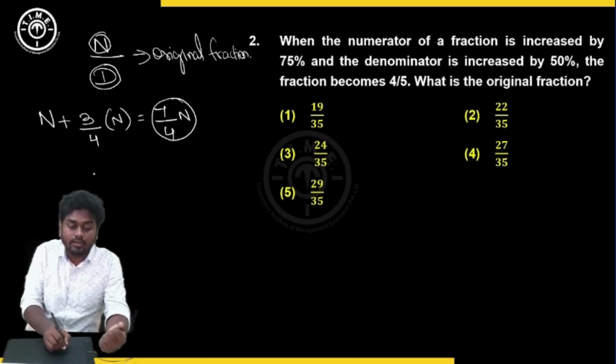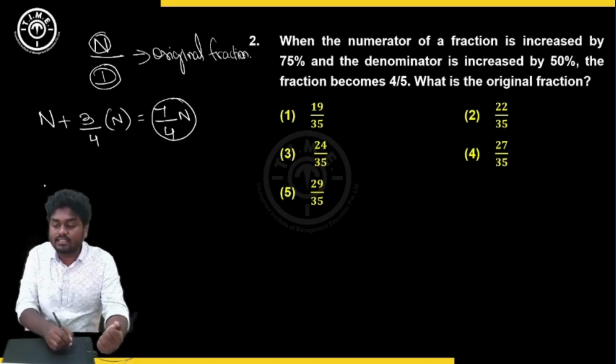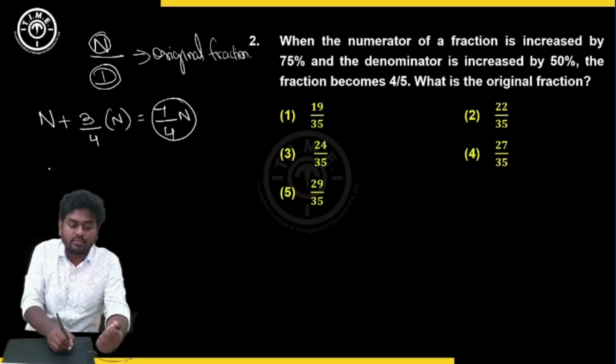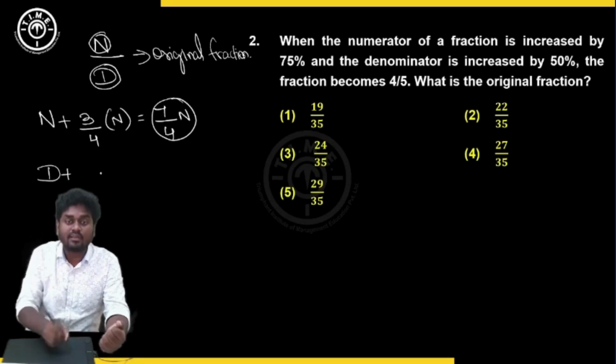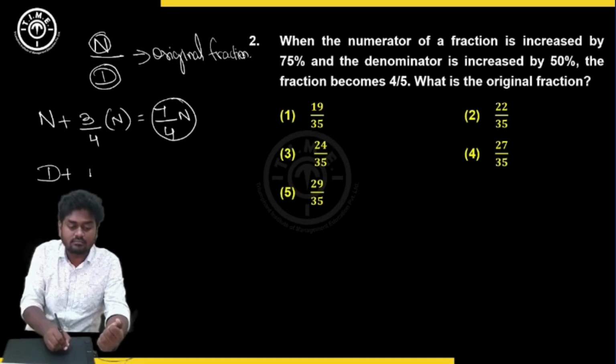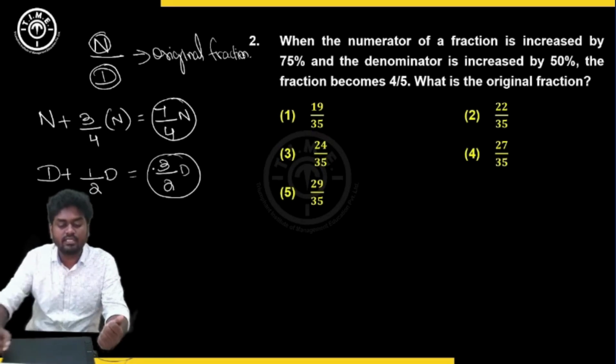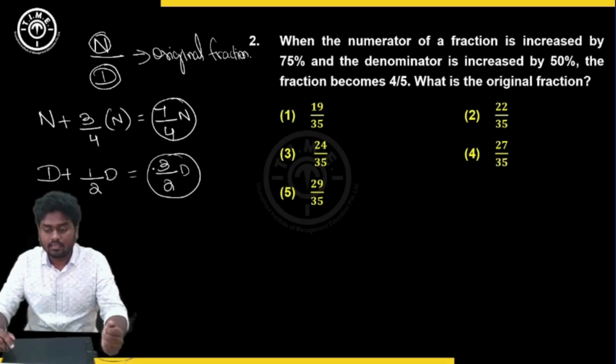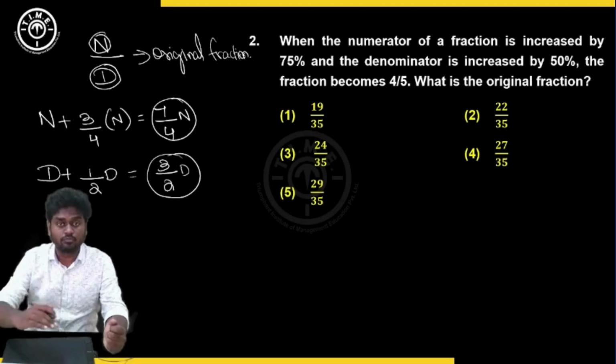Same way, the denominator is increased by 50%. With the initial denominator, a 50% increase is 1 by 2 of the denominator. So the final denominator now becomes 3 by 2 of d. When it changes like that, the fraction becomes 4 by 5.